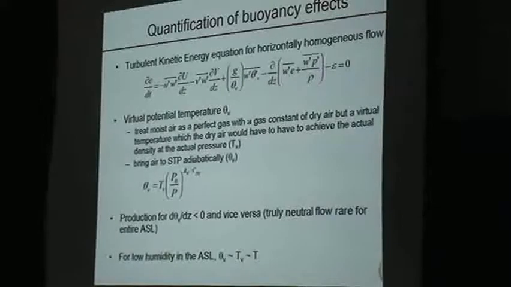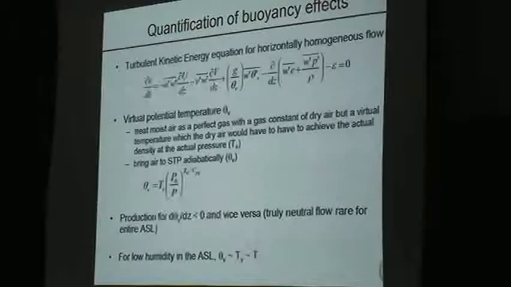Question: what's thermally neutral? How do we quantify the effect of buoyancy? We could write down the turbulent kinetic energy equation for a horizontally homogeneous flow, and it would look something like this. I'm using the virtual potential temperature, theta V here. So the virtual potential temperature is given here.